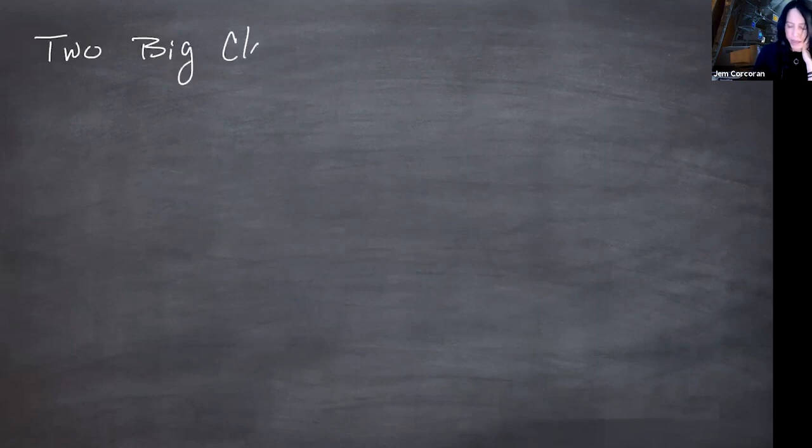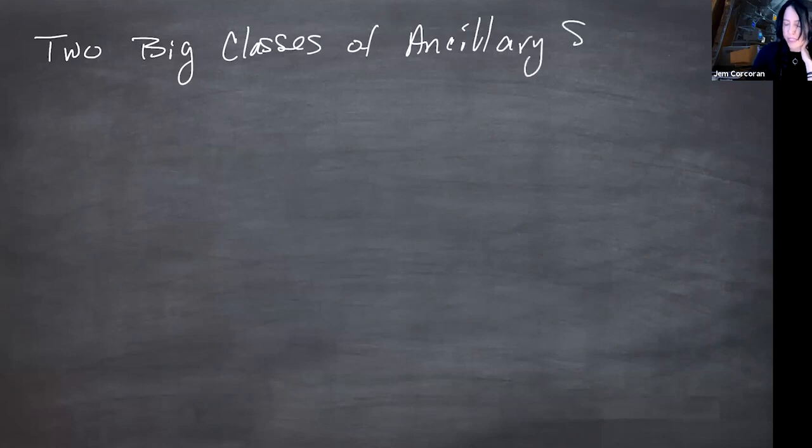One way to find an ancillary statistic is if you have what is known as a location parameter. So here are two big classes of ancillary statistics.